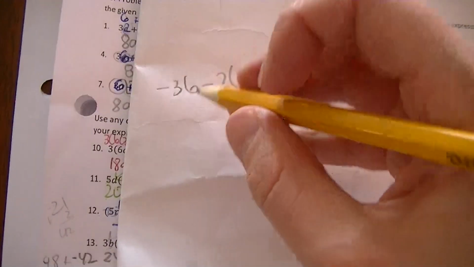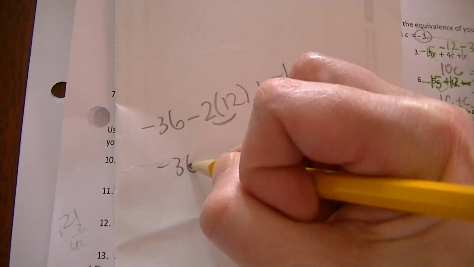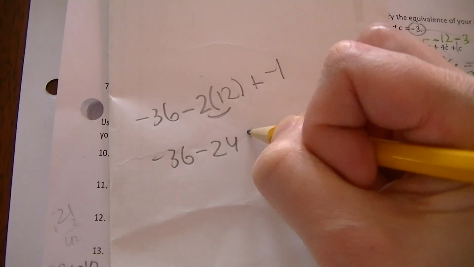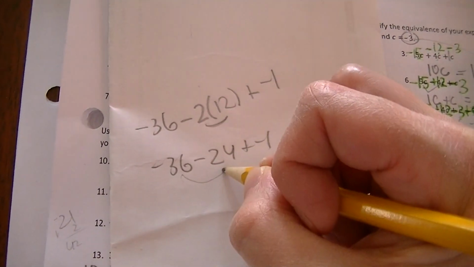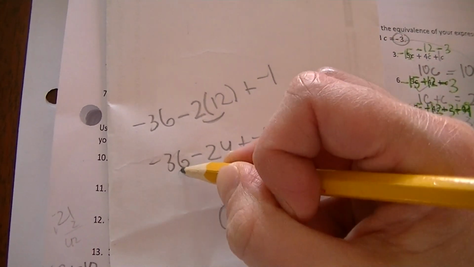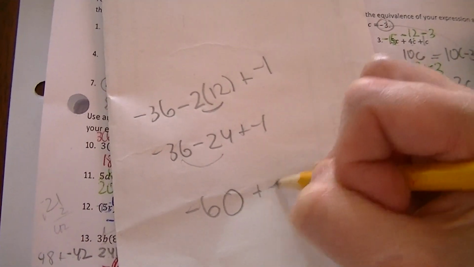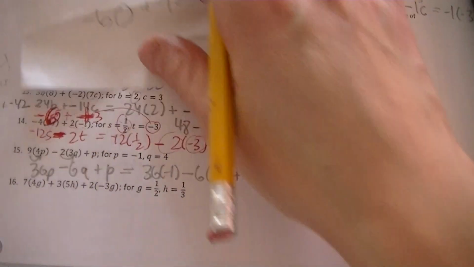Plus p is negative 1. Okay, so I'm going to multiply this right here. So negative 36 minus 24 plus a negative 1. That right there is negative 60 plus a negative 1 equals negative 61, which is what we got when we simplified it.